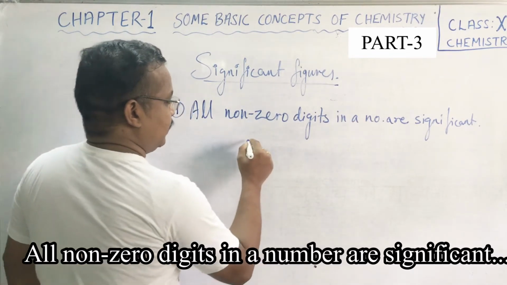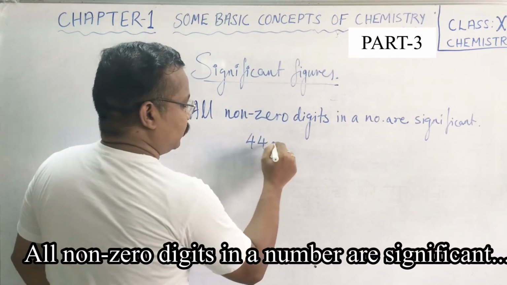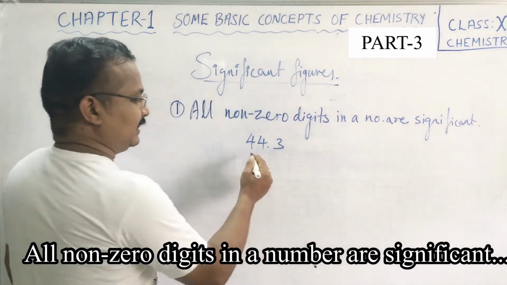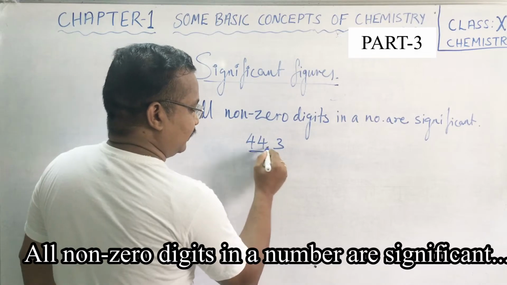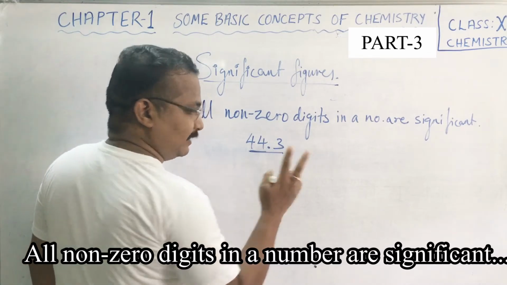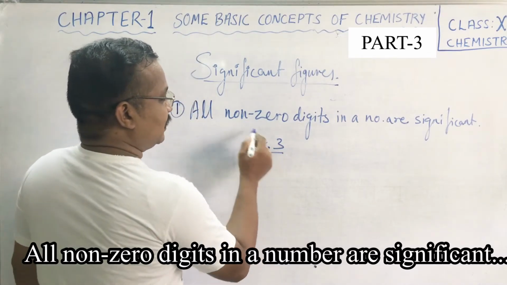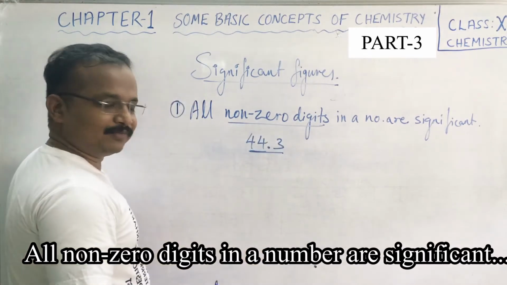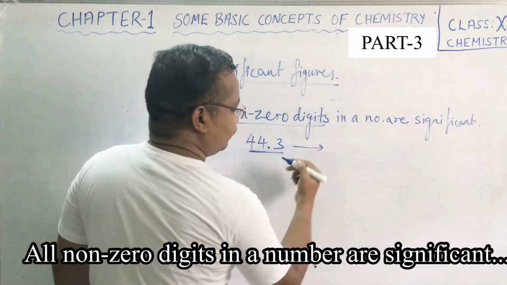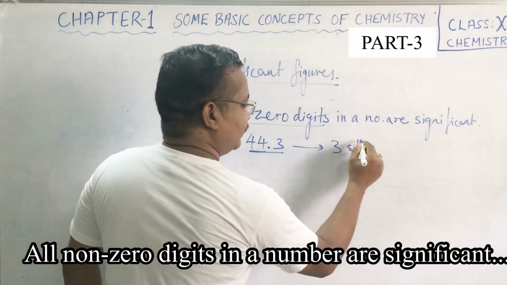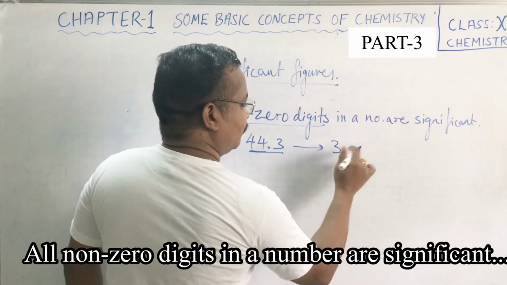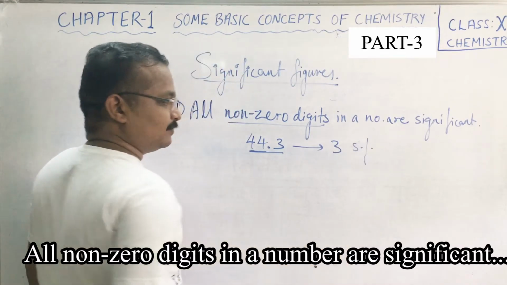This means 44.3. There are actually 3 digits, and all of these are non-zero digits. So how many significant figures are there in this? We have 3 significant figures, right?